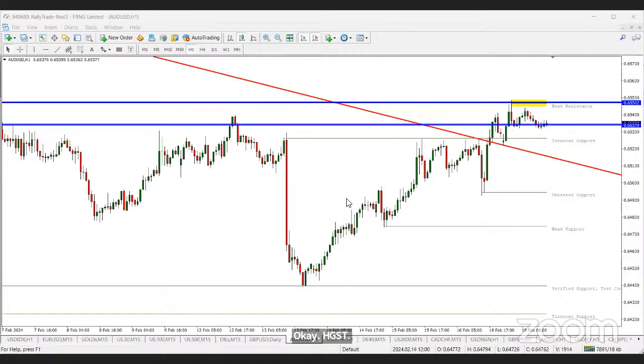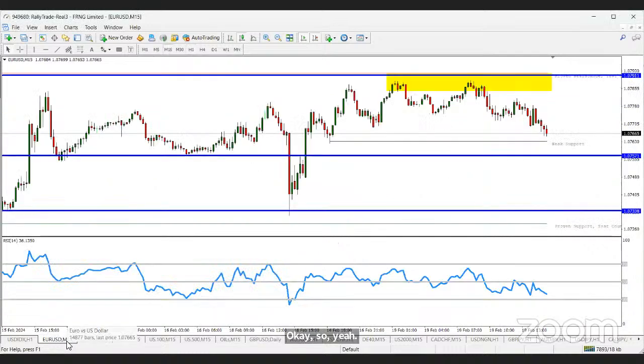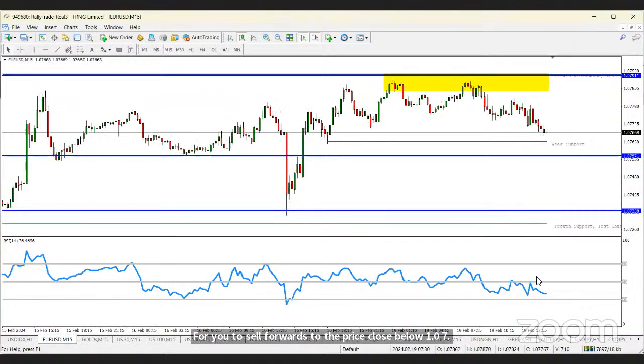For Euro USD, we talked of price closing below 1.07570 for you to sell forwards. Let price close below 1.07570, and then we can look out for a further sell to around 1.07330. Price has to close.